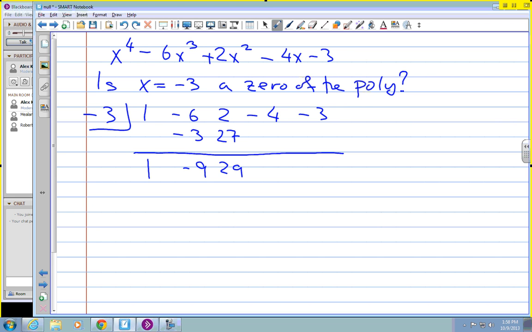Now things are starting to get out of hand a little bit. What is it, negative 57? Is that right? You add, you get negative 61. Yeah, looks like that's not going to work, right? Want to multiply that, positive 183, so 180. So is negative 3?